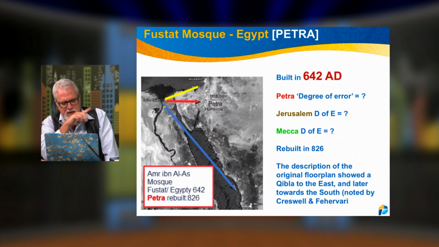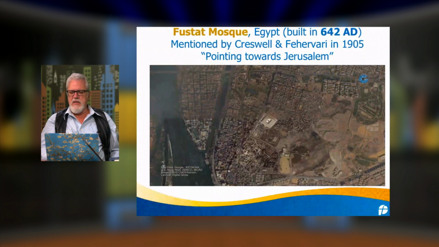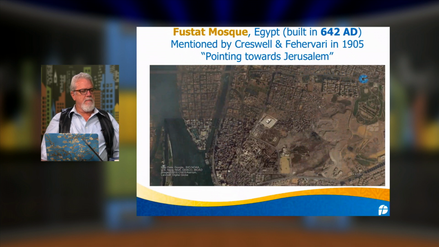But originally, according to the original floor plan that's still there, it was facing Petra as early as 642. When we look at the Fustat Mosque from the air, you can see that it has been rebuilt, but the original floor plan is still there. And also remember, Creswell talks about this mosque as well, and he says it's not facing Mecca.